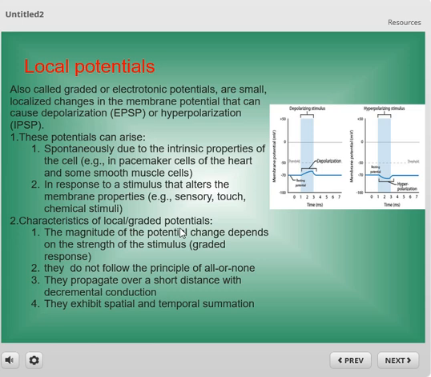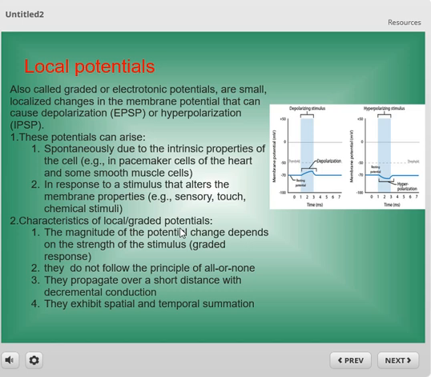The local potentials can arise spontaneously due to intrinsic properties of cells, e.g. in pacemaker cells of the heart and some smooth muscle cells, and in response to a stimulus that alters the membrane properties, e.g. sensory, touch, or chemical stimuli.